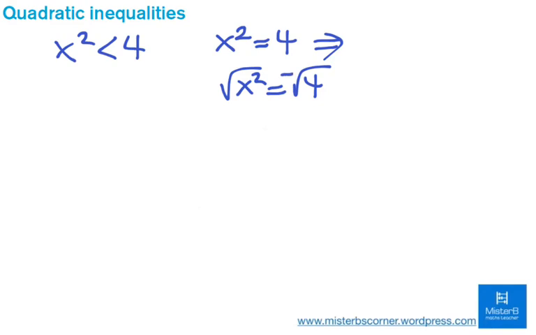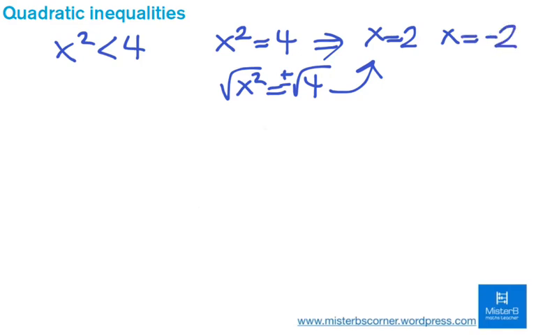In this case, we will use x squared equals 4, therefore the boundaries, like when we solve this, square root of x squared is square root of 4, it's going to be a plus minus, and that will give us x equals 2 as well as x equals minus 2.